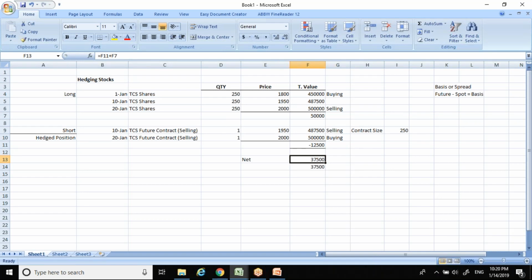No matter where the price goes, to 2100, your profit will still be 37,500. If the price goes to 1000, your profit still remains 37,500. So you're locking in your profits. So that is the hedge position. So you're not incurring extra profits.